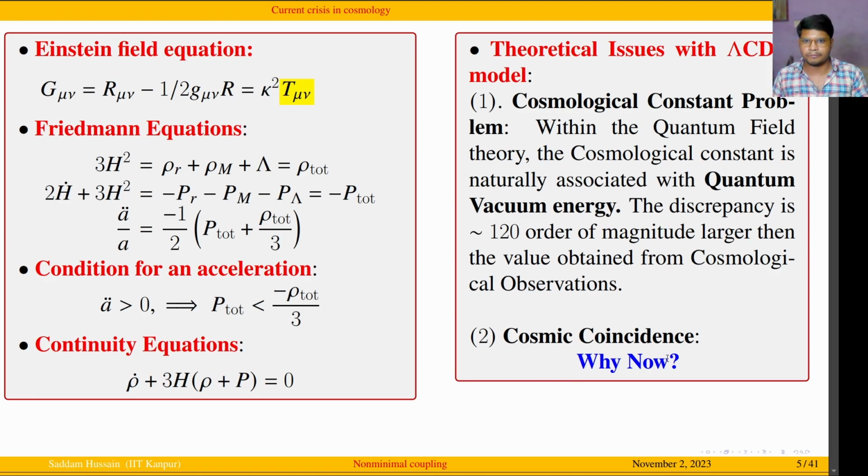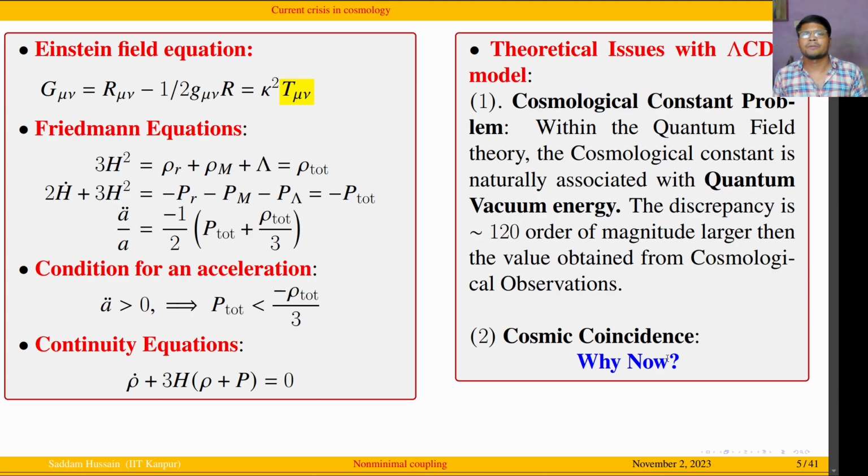So if you take p_total over rho_total, we end up with the equation of state, and this equation of state must lie between -1 and -1/3. If you take a cosmological constant, whose equation of state is always -1, it satisfies a number of observations.